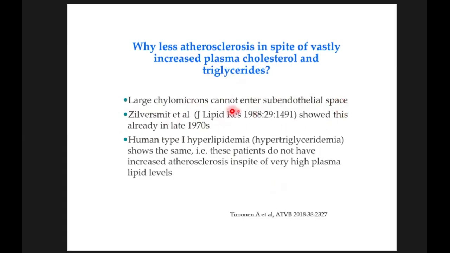And there is a lot of old literature about that. And the situation is very similar to human type 1 hyperlipidemia, so that these patients also do not have increased atherosclerosis in spite of very high plasma lipid levels. So in these situations, these lymphatic growth factors seem to affect liver and lipoprotein metabolism.